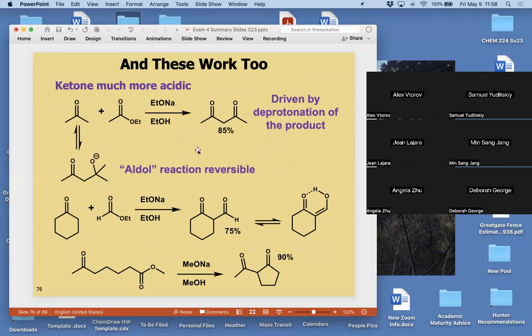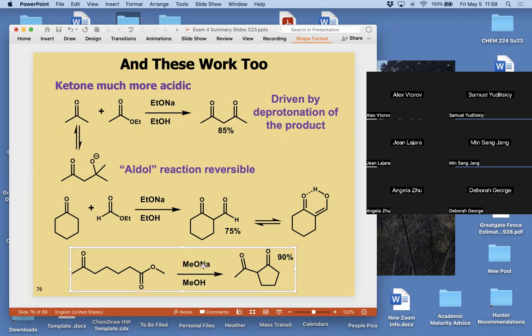And you can do a crossed ketone ester: ketone more acidic, reaction with another ketone disfavored by the steric hindrance of it, reaction with the ester irreversible due to deprotonation. Okay.